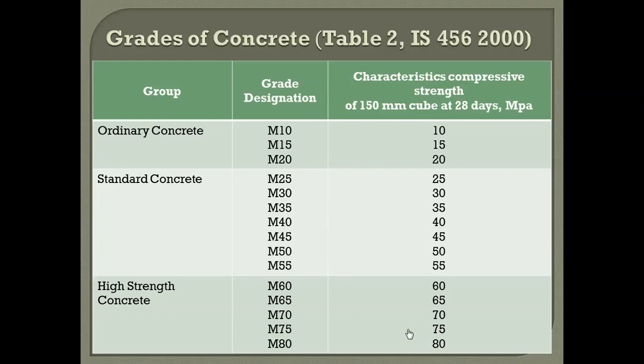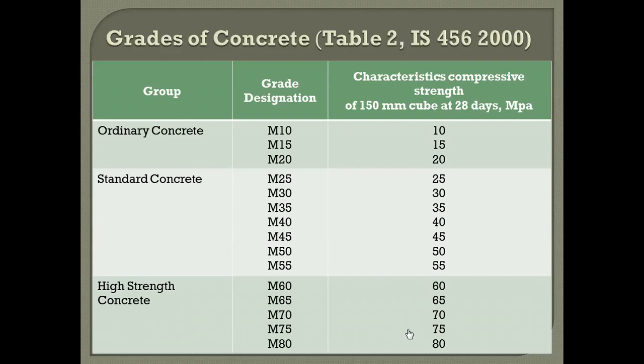So the third column says the characteristic compressive strength of a 150 mm cube at 28 days. If you prepare a concrete, and you test the concrete after 28 days of curing, the strength that is obtained should be, for M25, the minimum strength after 28 days of 25 newton per mm square.